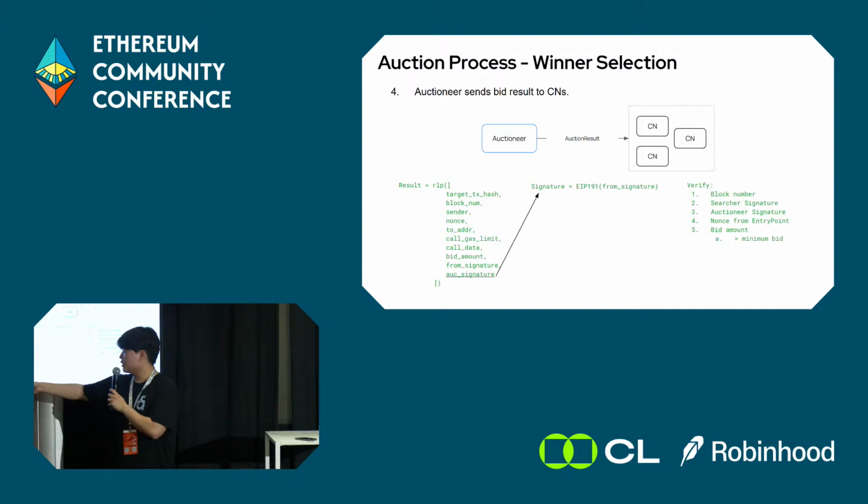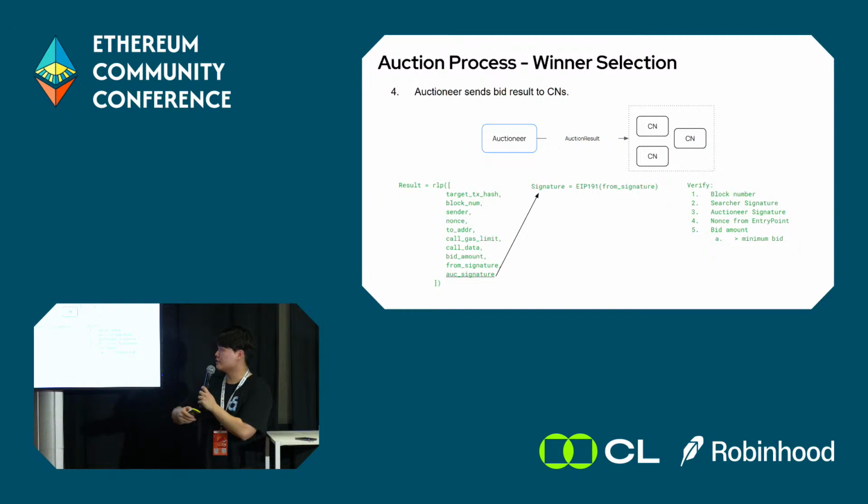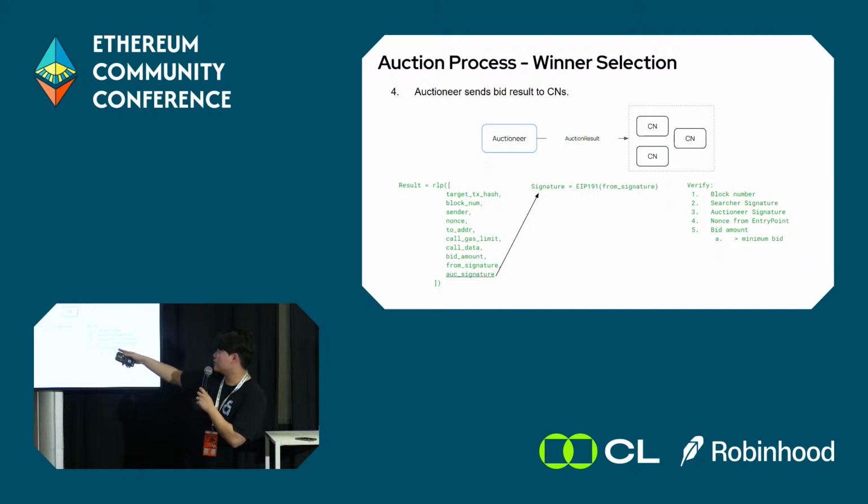And the important part here is that it will include the auctioneer's signature to prevent the validator from receiving a bid from another auctioneer who mimics our original, verified auctioneer. So the signature will be a simple EIP-191, and the validators will verify the block number, searcher signature, auctioneer signature, and nonce from the entry point and the bid amount.